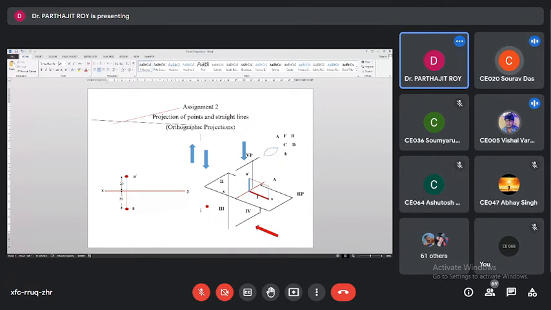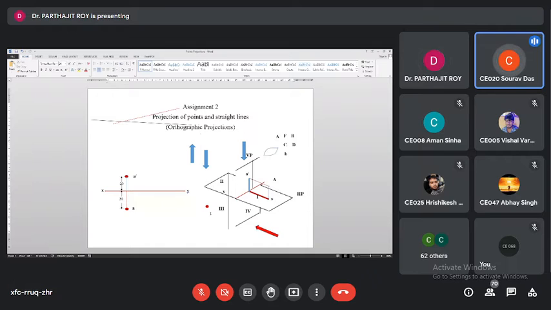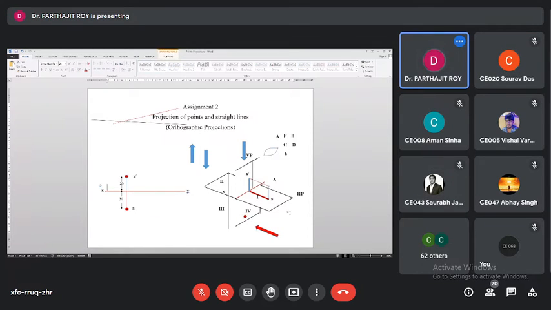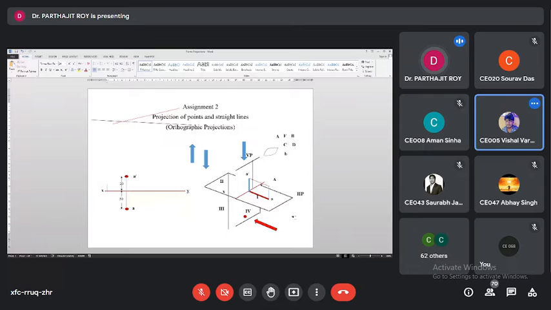Yes, sir. And its top view, where will it be? Above the xy line. Now in the fourth angle case, what will happen? Both of them will be below the xy line.